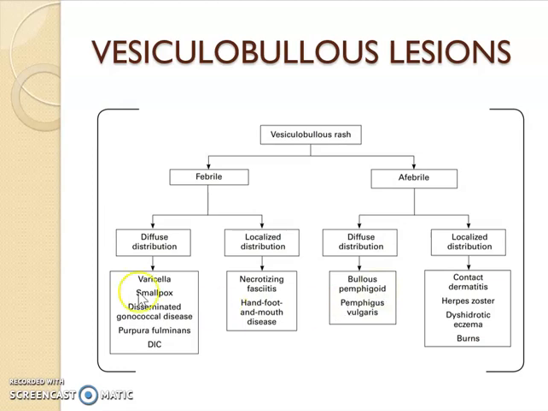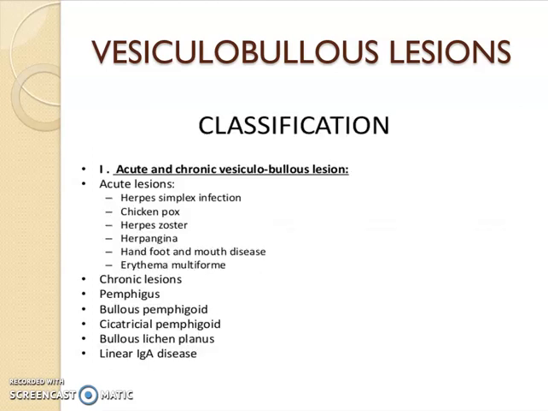Another classification is acute and chronic vesiculobullous lesions. Under acute lesions, these are the lesions associated with infectious diseases of the oral cavity. Under chronic lesions are pemphigus and pemphigoid, which we will learn today.